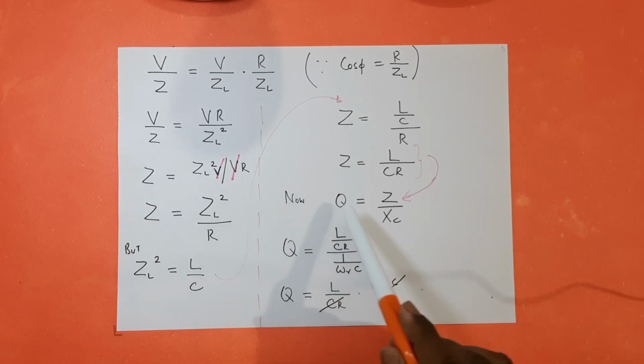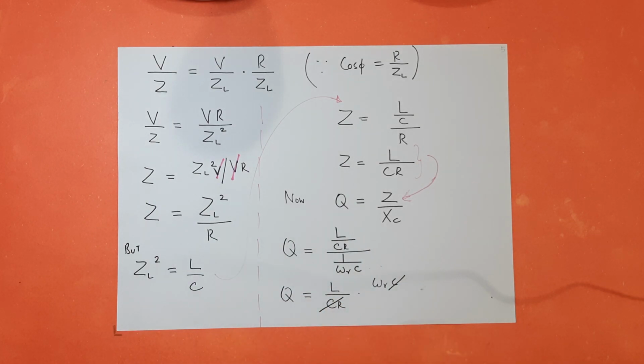So now we already got Q equal to Z by XC. So Z is this, substitute here. Q equal to L by CR divided by XC, which is 1 by omega RC. So Q equal to L by CR multiplied by omega RC. The C and C getting cancelled.